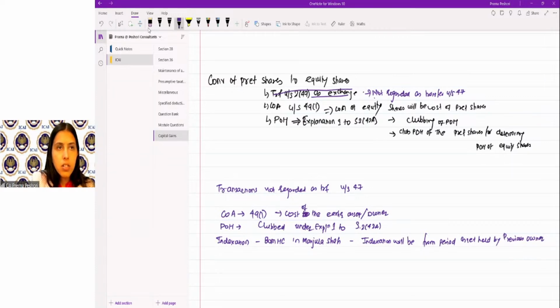Are we clear? So for indexation, we have this Bombay High Court ruling in the case of Manjula Shah. Are we clear?